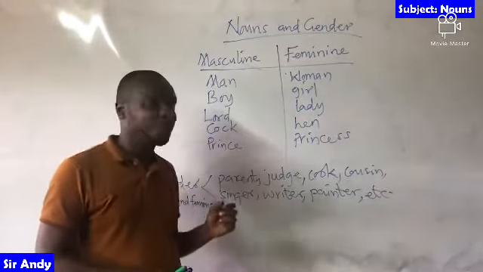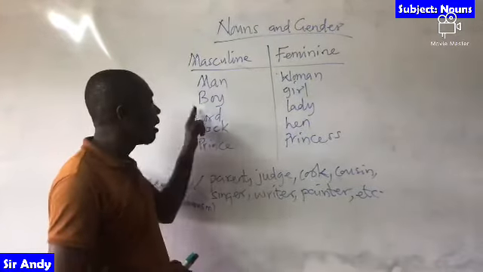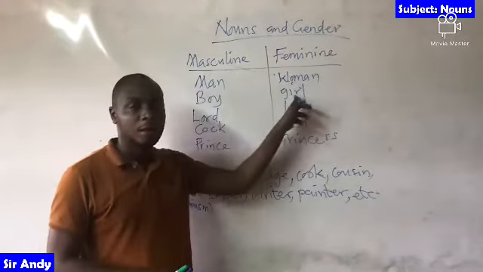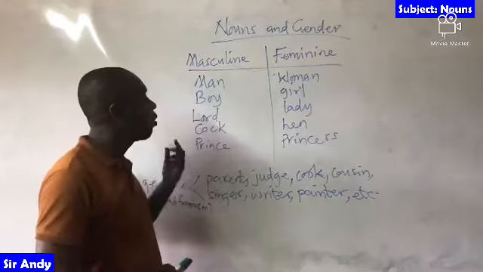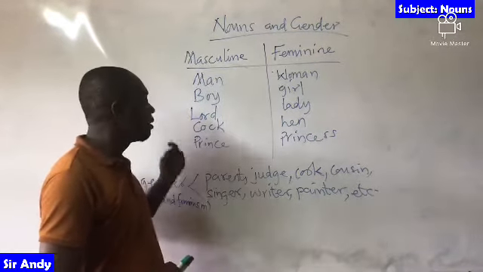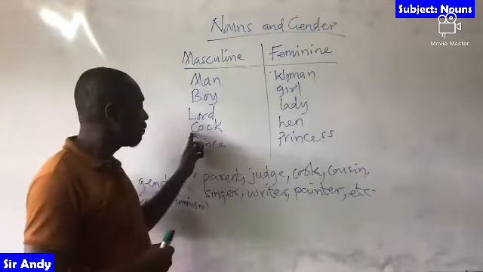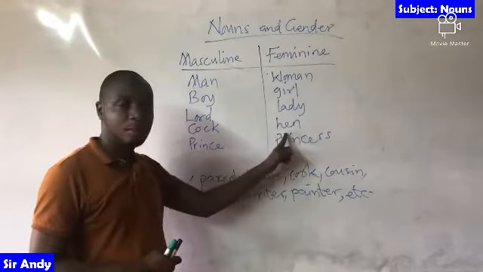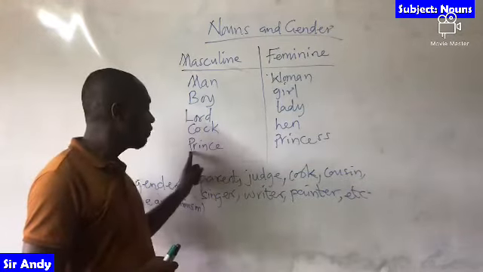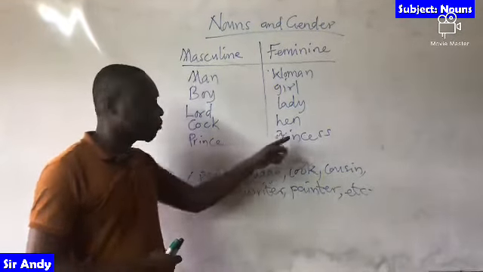The feminine form of boy is girl. The feminine for lord is lady. The feminine for cock is hen. The feminine for prince is princess.